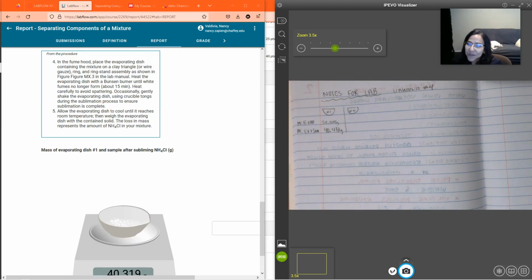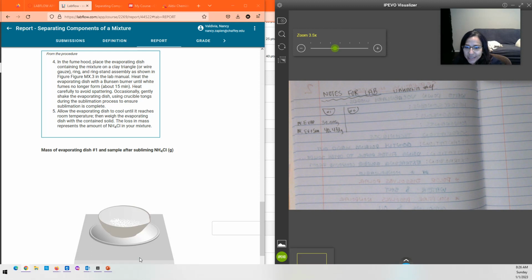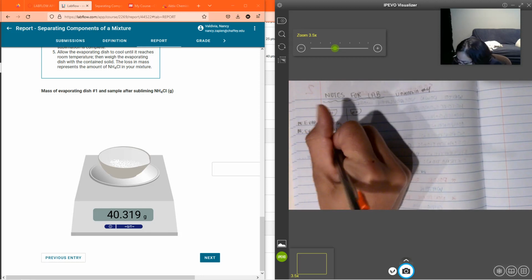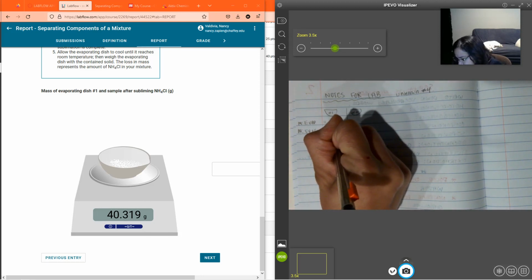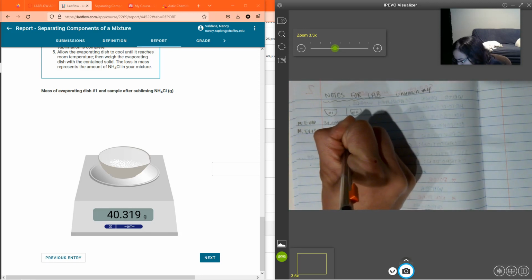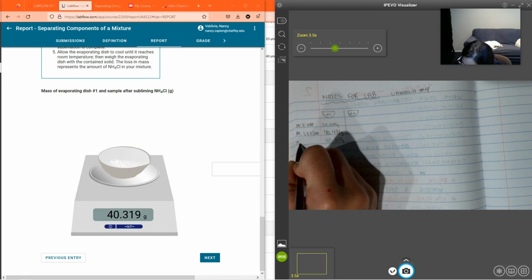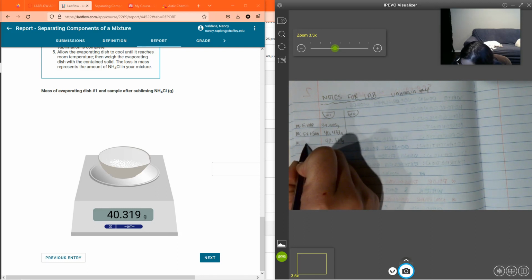All right, yes. So when we're looking at our dish, we could see that after subliming it, our mass has changed. So our mass is now 40.319. We can see that we lost some mass here, right? So this is the mass after sublimation.